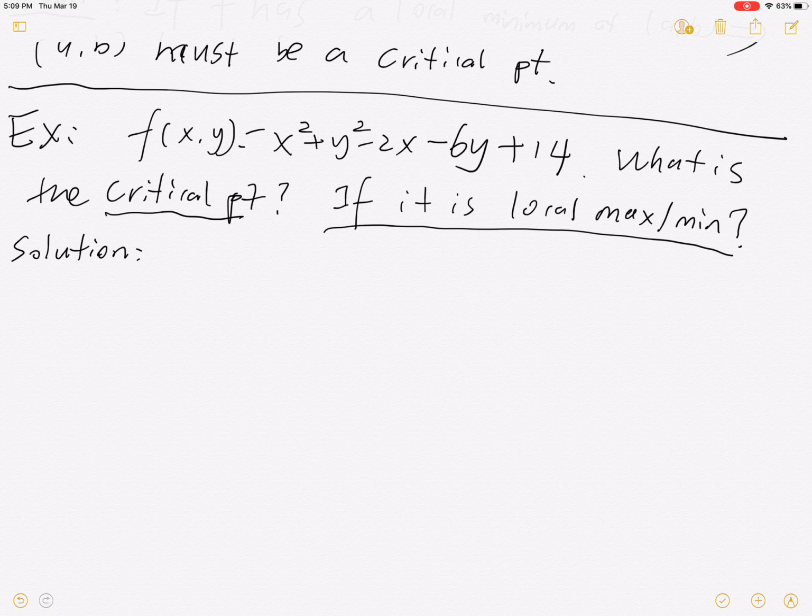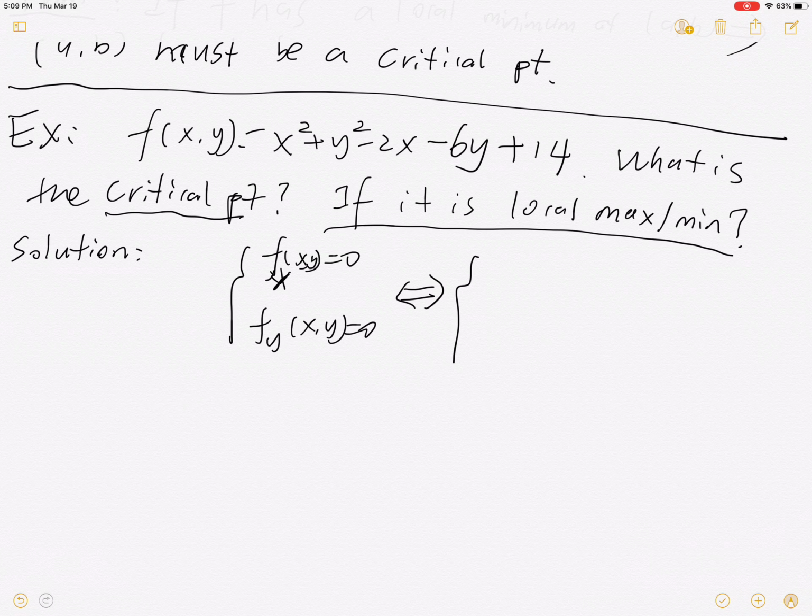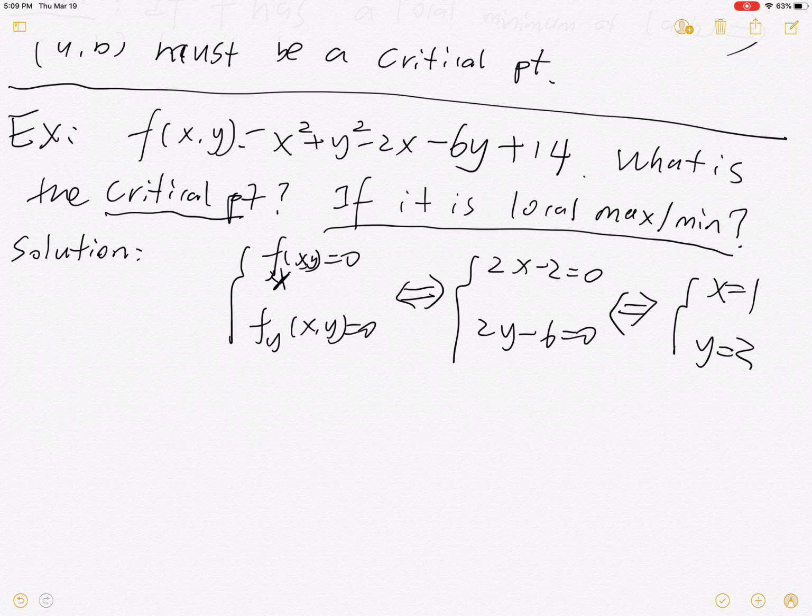So, solution for critical point: you need to solve partial x, partial y equals 0, and we take partial derivatives. 2x minus 2 equals 0, 2y minus 6 equals 0, and x equals 1, y equals 3.